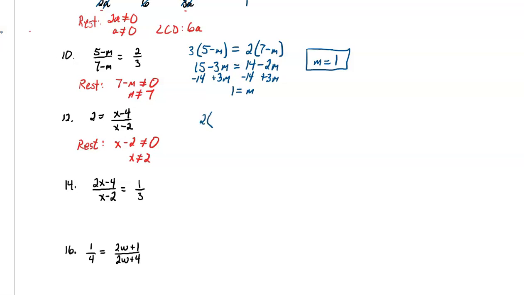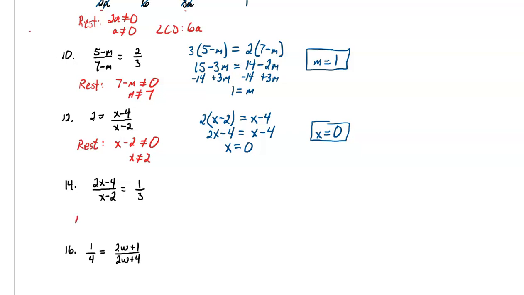So we'll get 2 times x minus 2, and that's equal to x minus 4. Now the distributive property, 2x minus 4 is equal to x minus 4. Subtract x from both sides, add 4 to both sides, and we get x equals 0. That's not a restricted value, and so the answer is x equals 0.